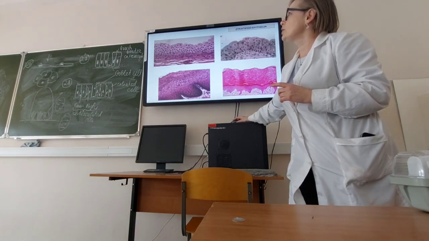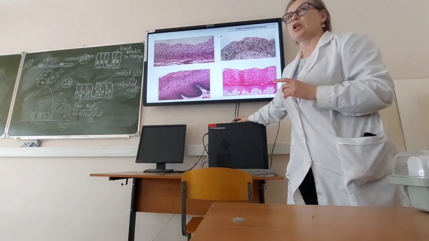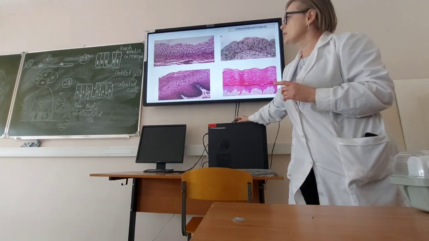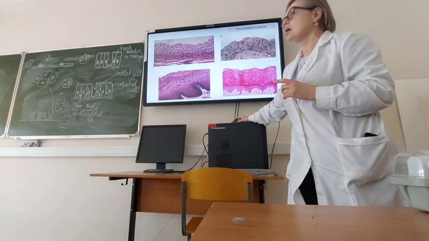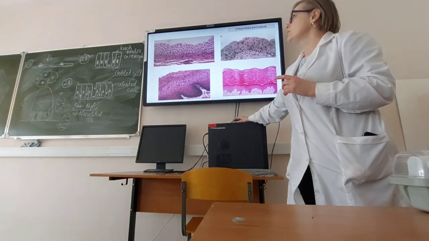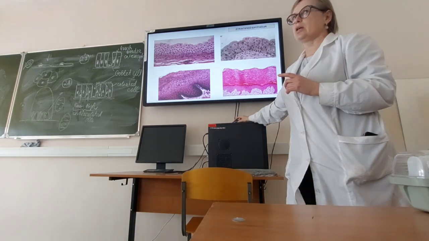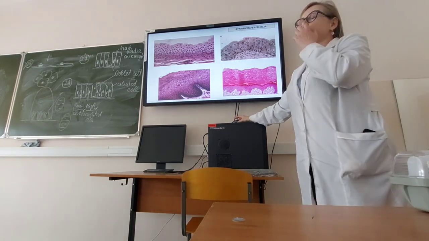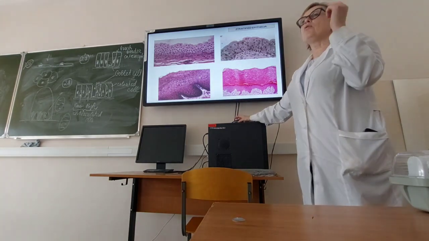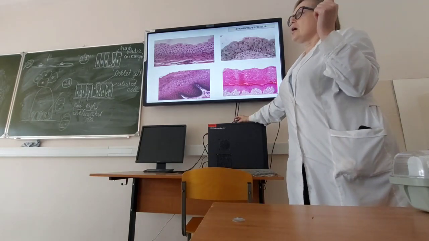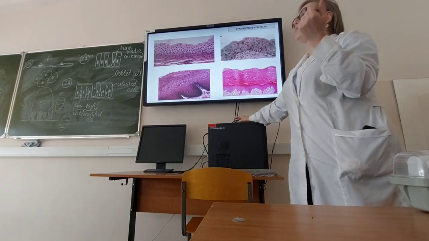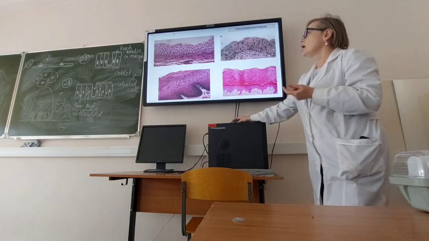And superficially situated cells, look please, have a round, large shape. Compare with this flattened cell. This is the main difference between transitional epithelium and non-keratinized. Non-keratinized epithelium we can find in the oral cavity, in cornea, for example, in esophagus. Transitional epithelium can be found in the urinary system.